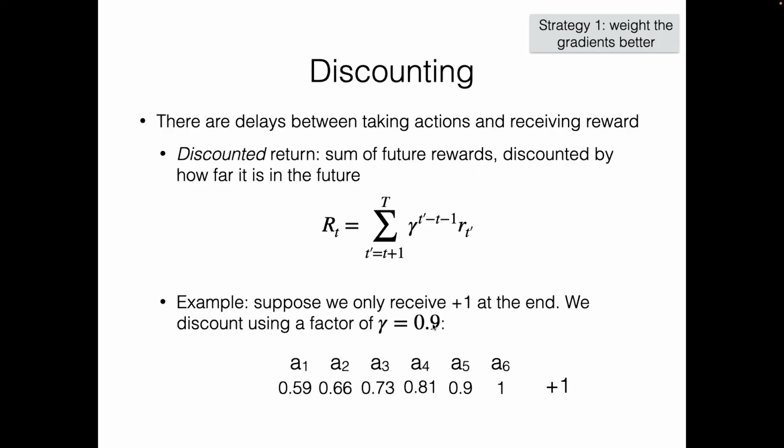Let's say we use a discount factor of 0.9 and we receive a reward only at the very end. Then our action at the end would get 1, this would get 0.9, this would get 0.9 squared, and so on. And then this is the general formula, which allows you to get rewards at different places, things like that.